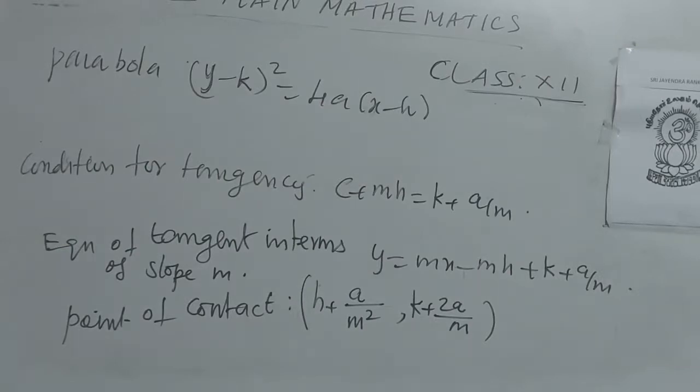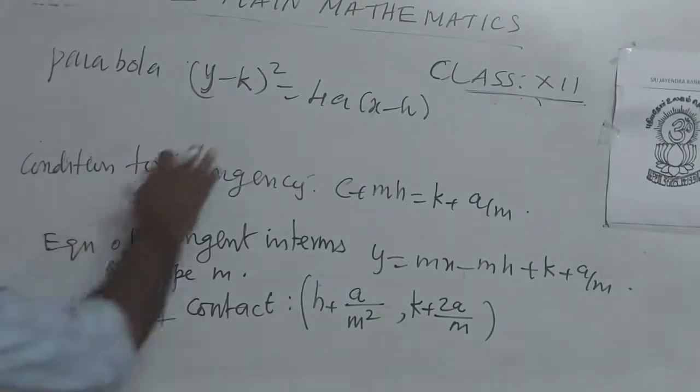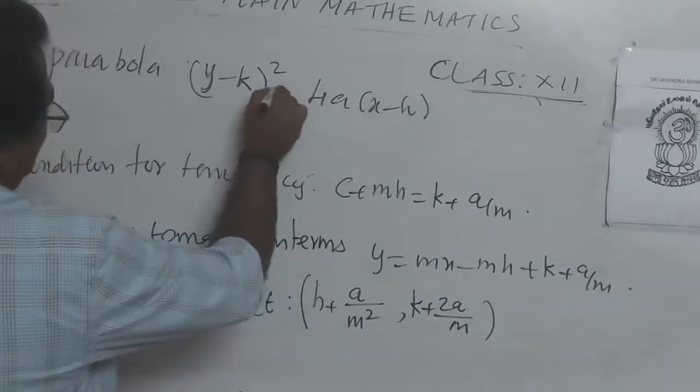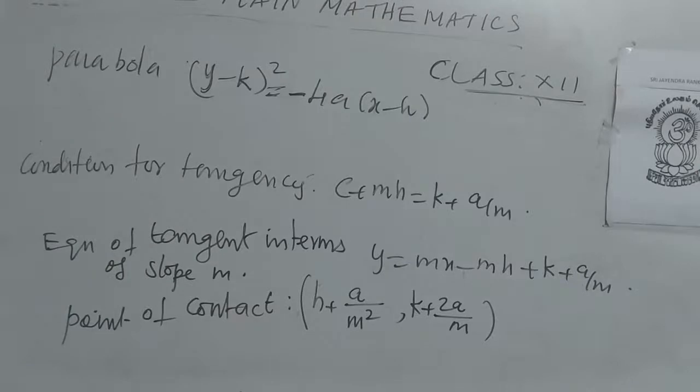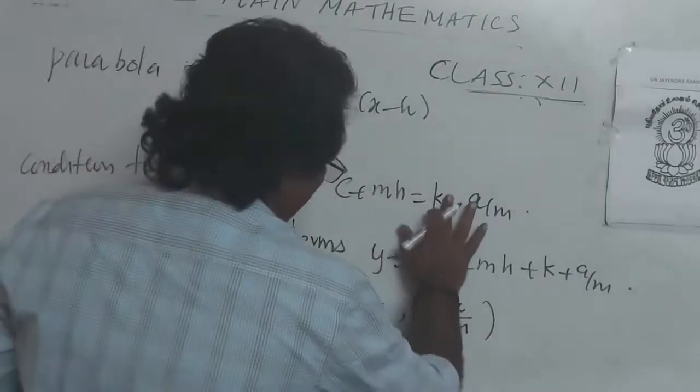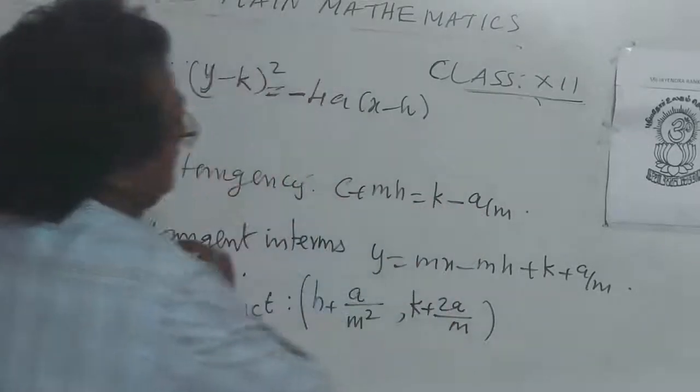For next, y minus k whole squared equal to minus 4a into x minus h. The condition is c plus mh equal to k minus a by m.